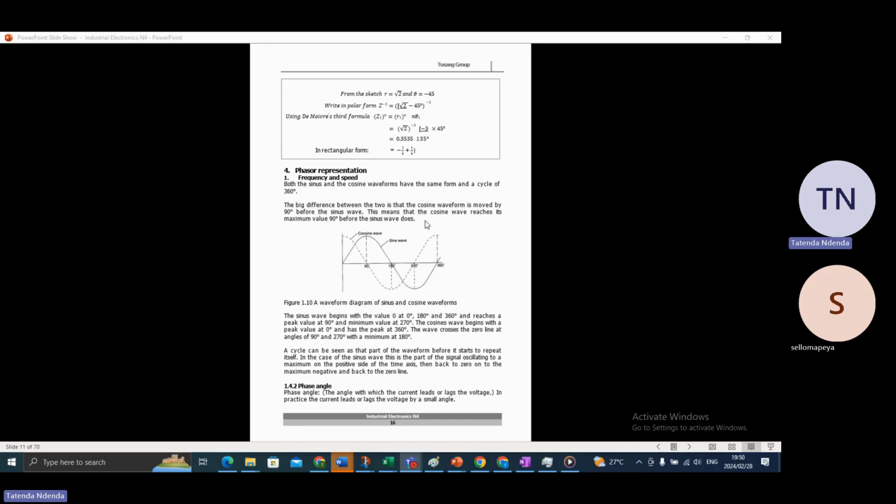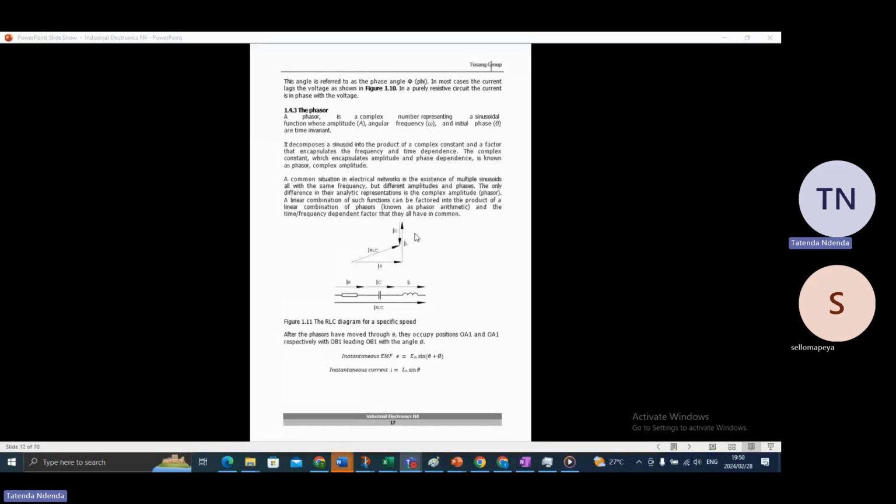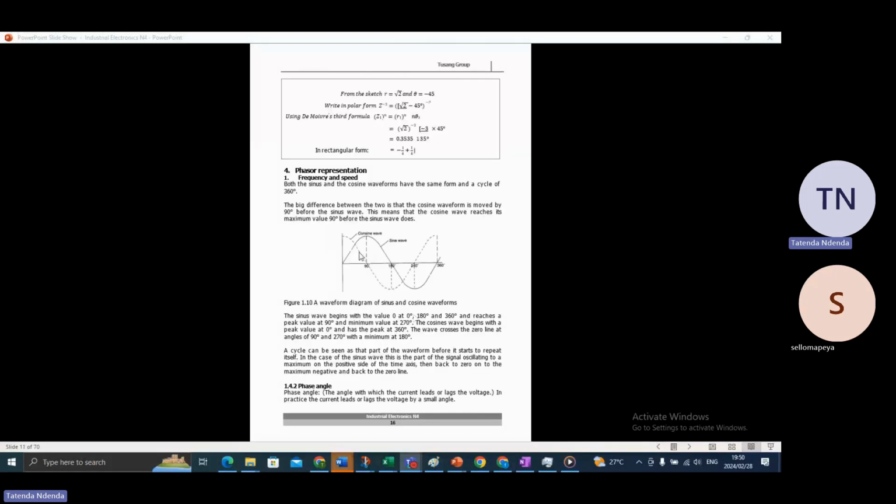This angle is referred to as the phase angle theta, or phi. In most cases, the current lags the voltage, as shown in Fig 1.10. We can see here that one wave is lagged by another wave. In a pure resistive circuit, the current is in phase with the voltage.